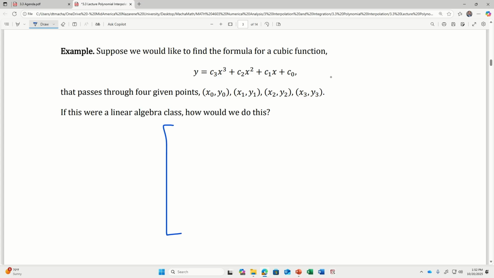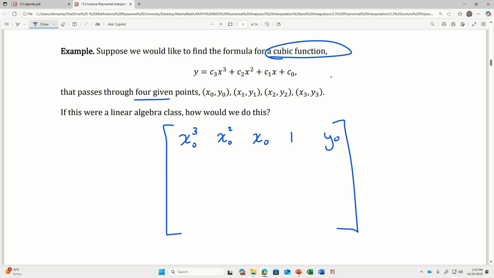And likewise, if I wanted to find a formula for a cubic function that passes through 4 points, then the way I set up my augmented matrix for what I would normally do row reduction on is I would make it have 4 rows for my 4 points and 5 columns.